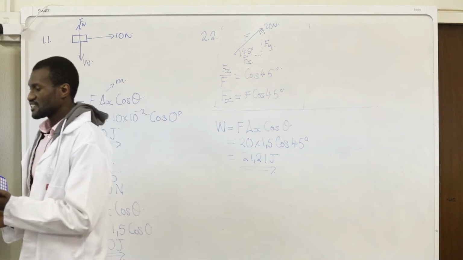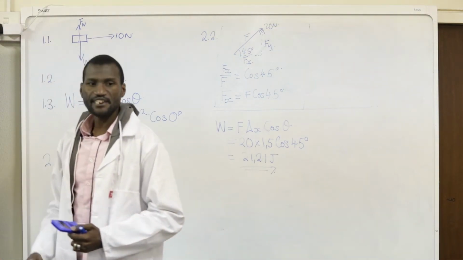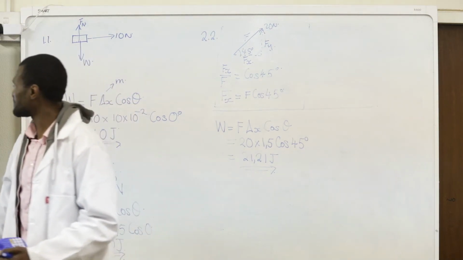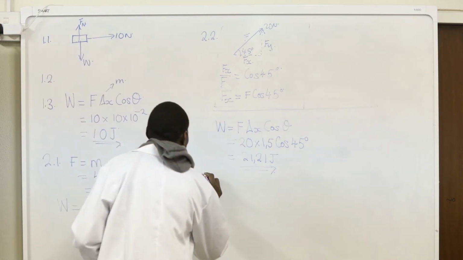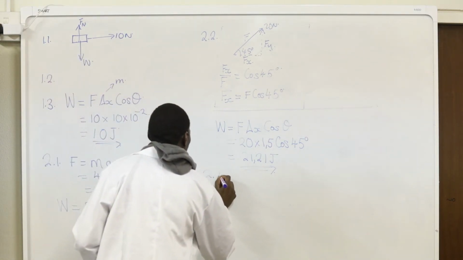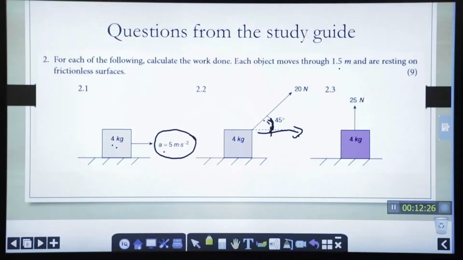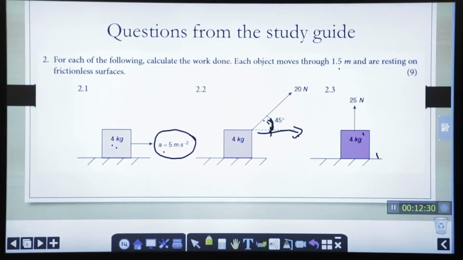Mind you, these questions are coming from our workbook, all right? So our study guide helps you practice some of these questions and some of these areas. 2.4 is an object of 4 kg that's been lifted upwards.